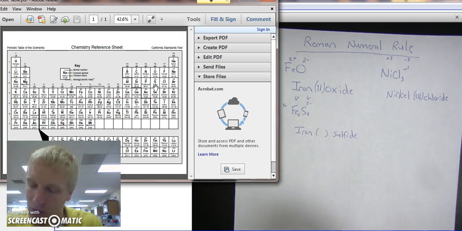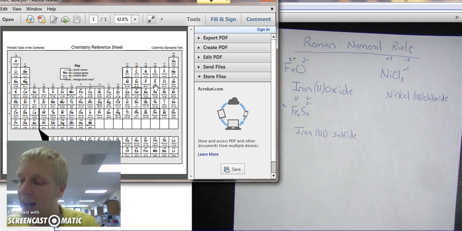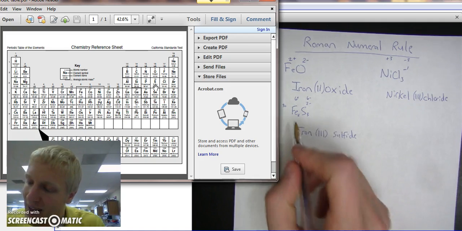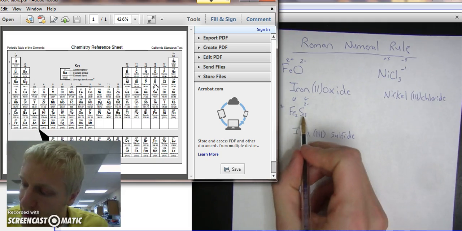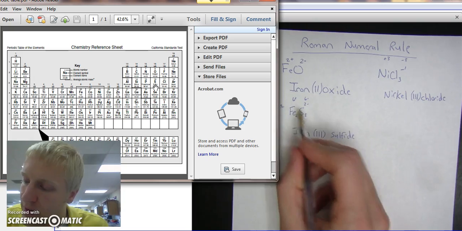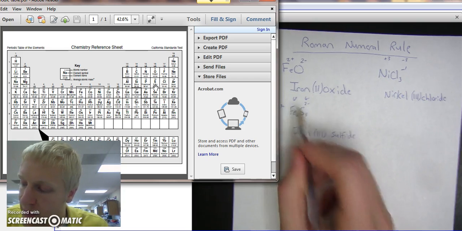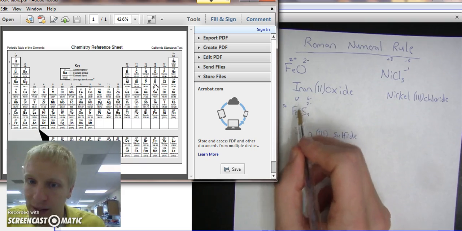So my charge of just one iron is 3, so I would call this iron 3 sulfide. Another way of doing it would be to do the reverse crisscross. If you have an even and odd number in your subscripts, you just take the number that's in the subscript, reverse crisscross, and that's your positive 3 charge, that 3. I usually do it this way just to be safe.